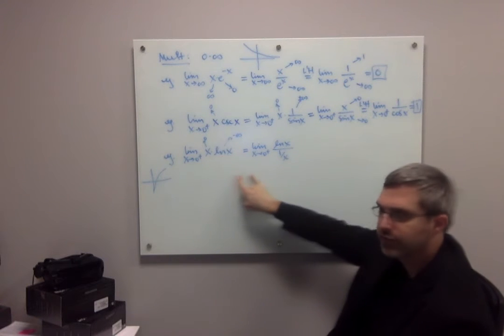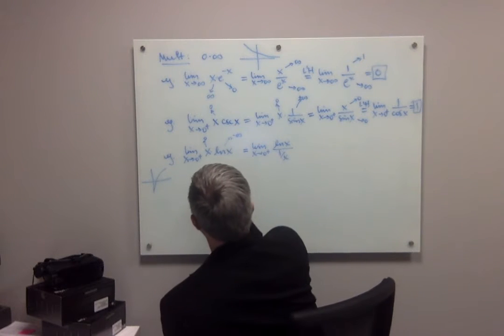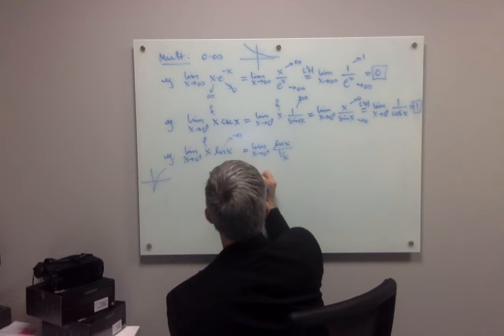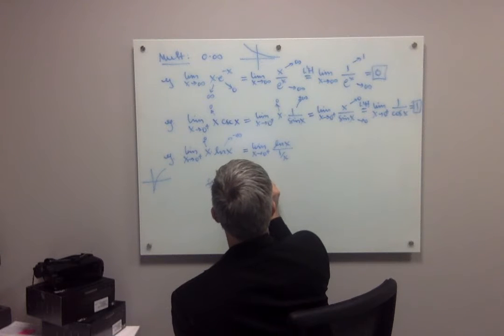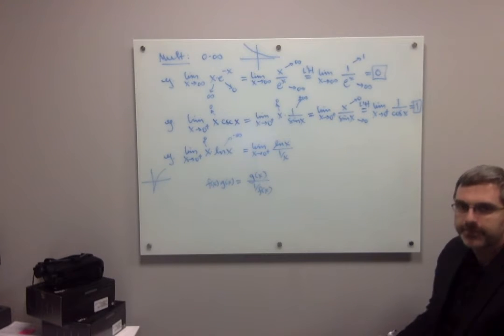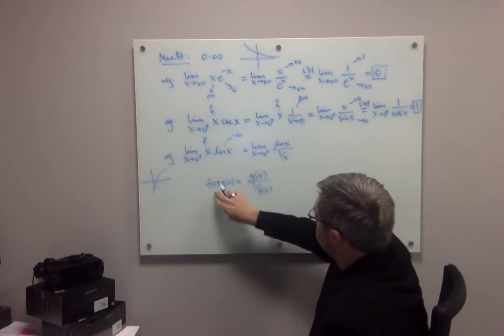What we're doing is just the reverse of this, okay? So when I have an f times a g, I left g on the top and I made the bottom 1 over f, all right? If you did this in reverse and flipped this fraction, you would get f times g.